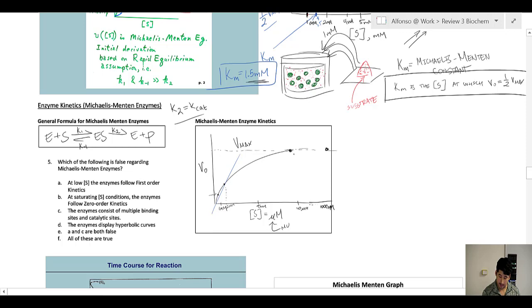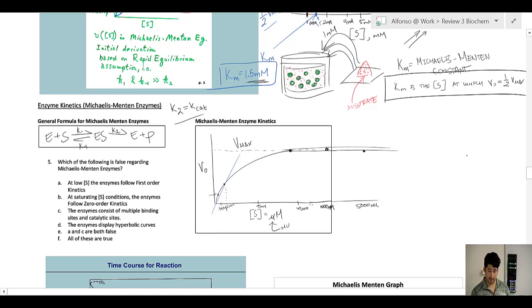It stays the same. I'm still at Vmax. What if I put in 5,000 micromolar of substrate? Would you expect the velocity to increase? The answer is no. It should stay at Vmax.